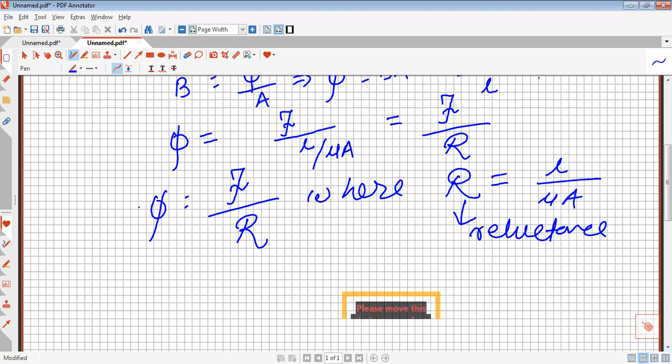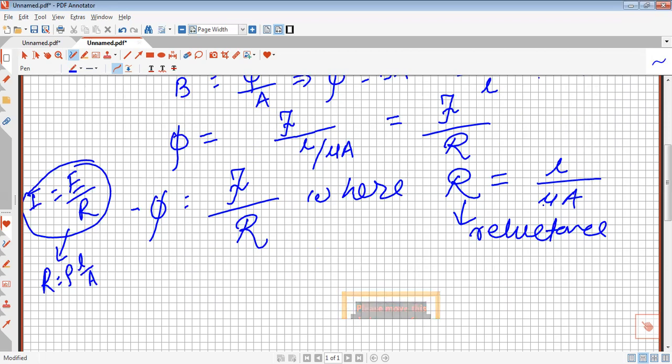So we got a relation, flux equal to mmf by reluctance. In the same way, as we know, current is equal to EMF divided by resistance, and resistance is equal to rho L by A. So there is a direct relation here also. The reluctance is length divided by A with the constant mu, while here the constant is rho. Rho is called resistivity and mu is called permeability.